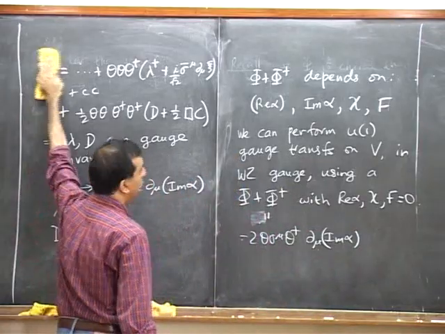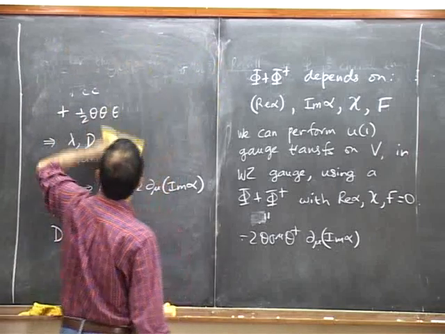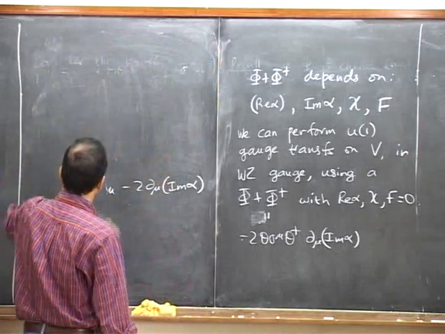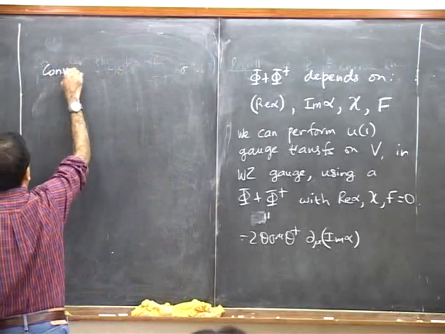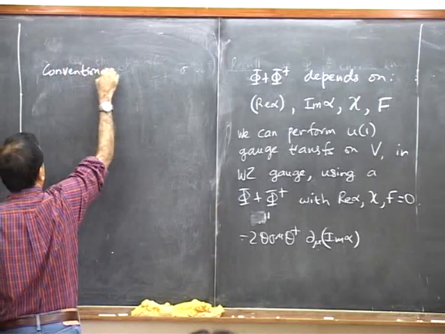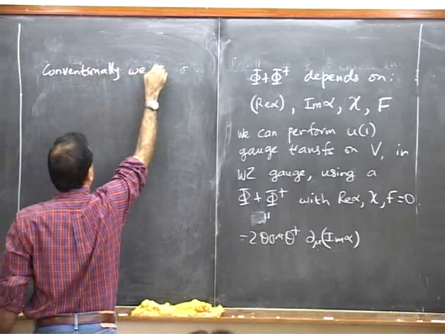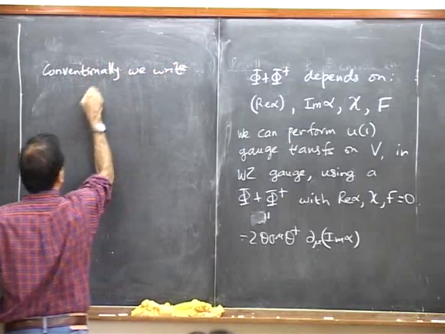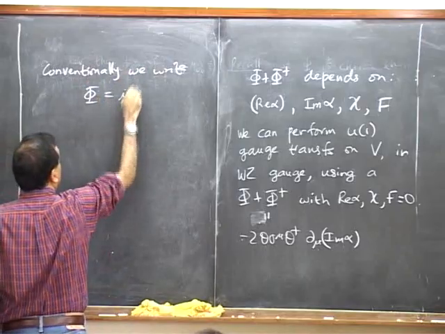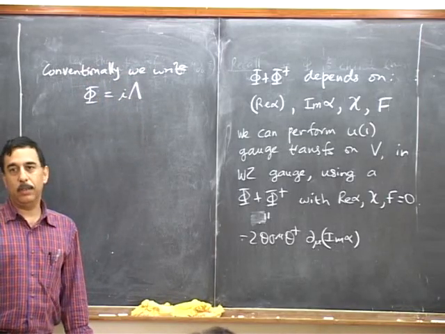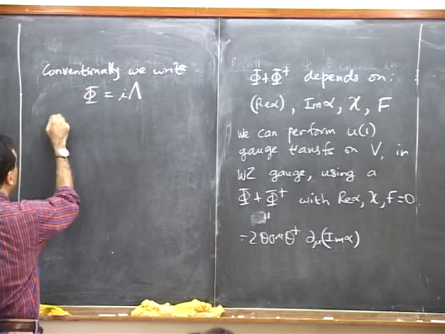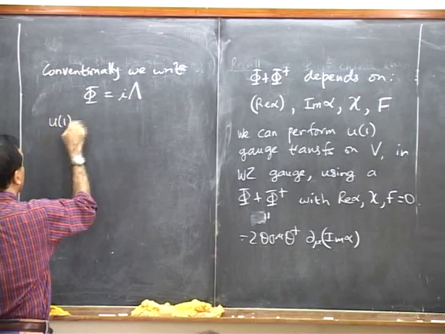The last thing to be said here is that conventionally, we write this chiral superfield phi as I times capital lambda, where lambda is also a chiral superfield.